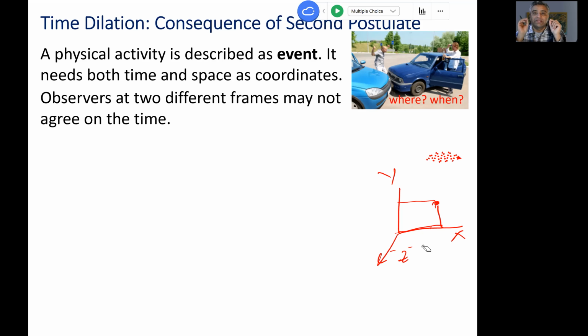So to specify an event, you need both place and time. Okay, so the accident happened at that intersection, right? So you can give that place, the street address, and then the time. It happened at 11 o'clock. So it's been already more than 1.5 hours.